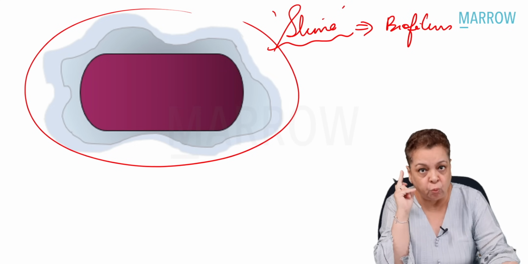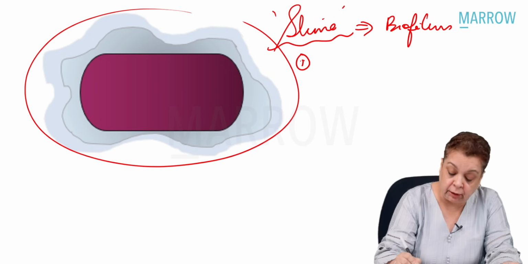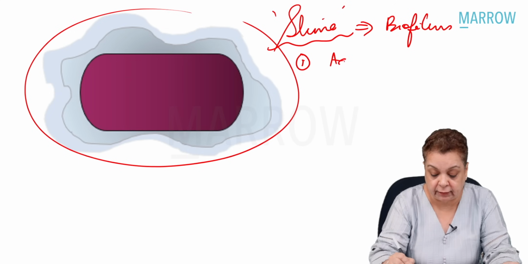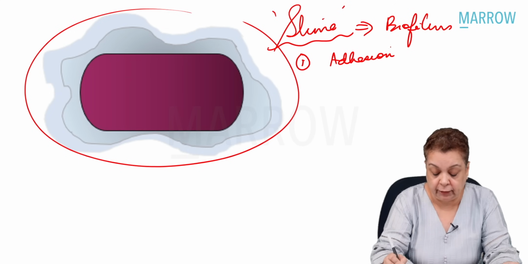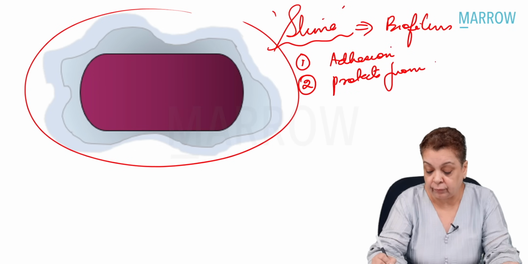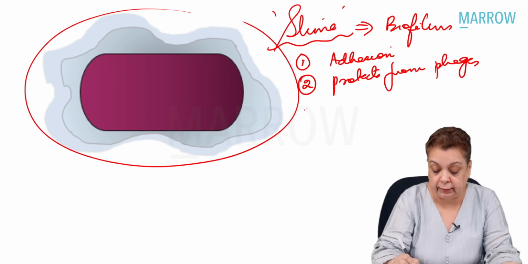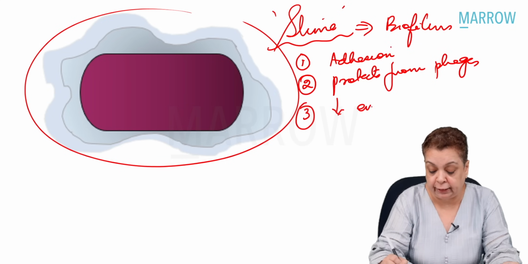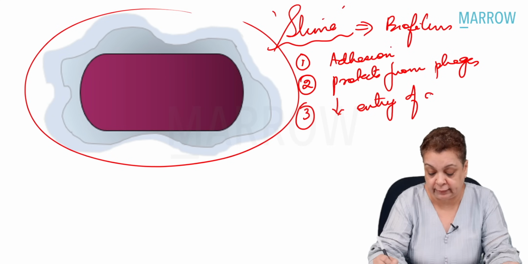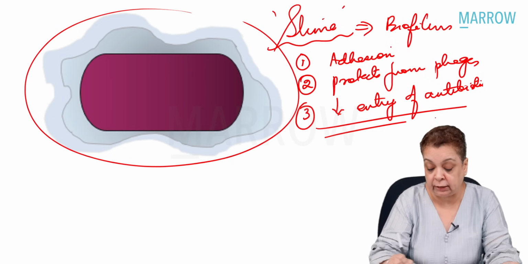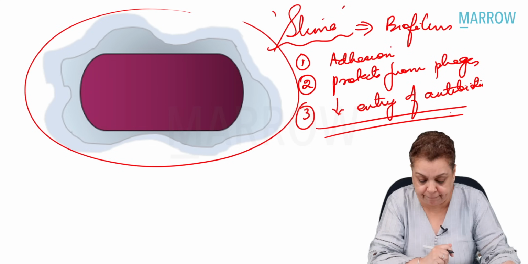Now, remember, one role of biofilm in pathogenicity of bacteria is adhesion. Second role is it protects from bacteriophages. And thirdly, it reduces the entry of antibiotics. That was what was relevant out here. It is forming a mechanical barrier.